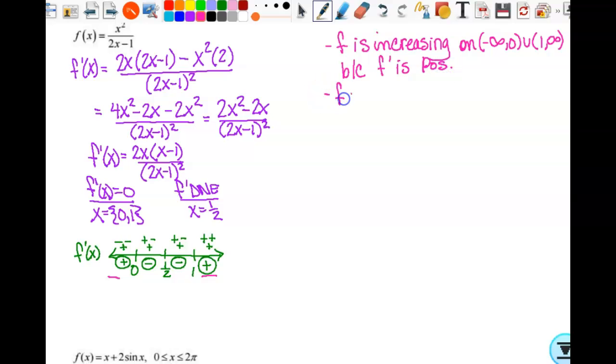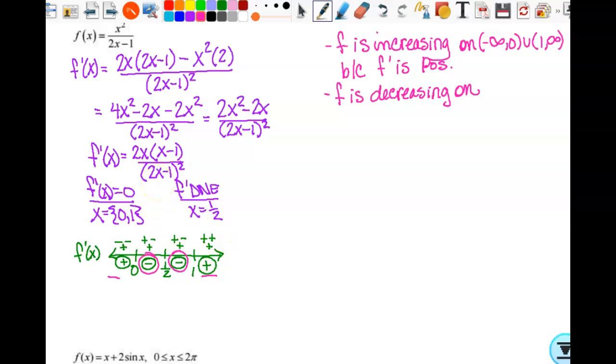Then I can say f is decreasing on, okay, so f in general is decreasing when, can you do 0 to 1? Is it negative this whole time from 0 to 1? What happens at 1/2? It doesn't exist, right? It's an asymptote, so it doesn't even exist.